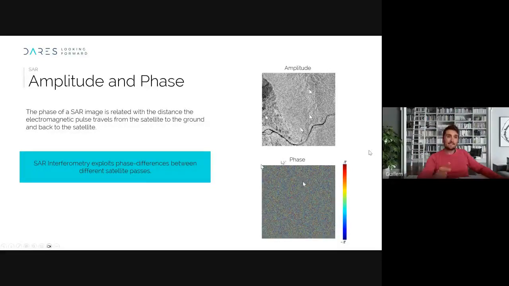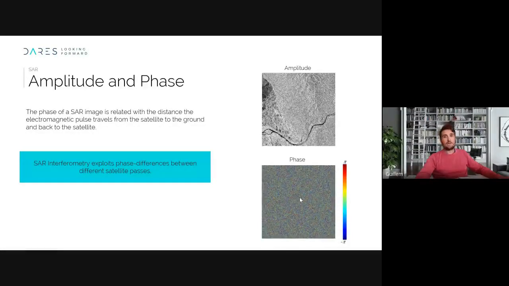And the phase is related to the distance from the satellite to the ground surface. And this part of the SAR image, the phase, is what we are using to calculate the ground displacement by doing interferometry. You can tell me, yeah, Guillem, here we can maybe identify something. But here in the phase, I mean, it's kind of random numbers.